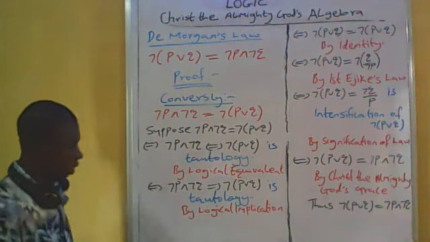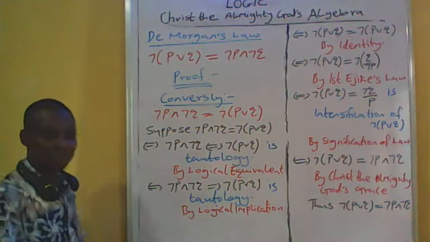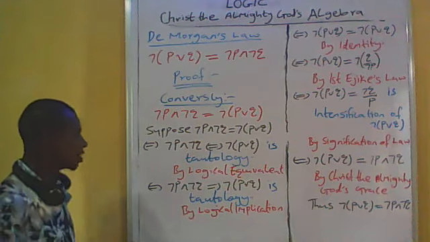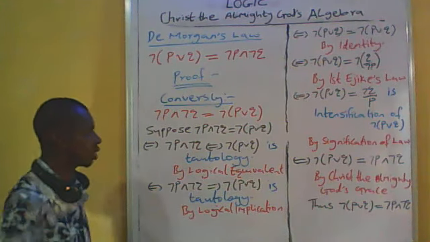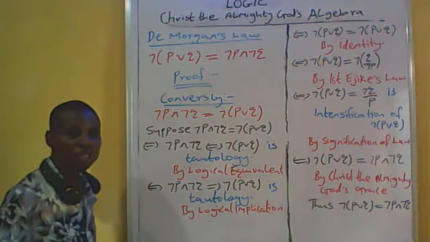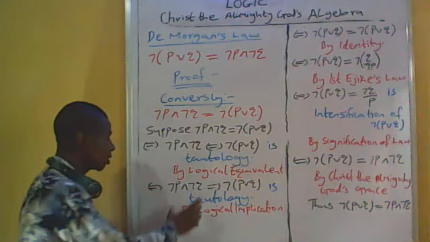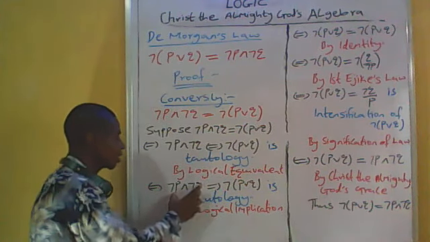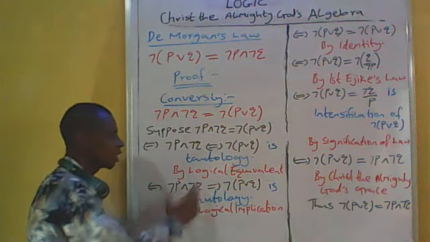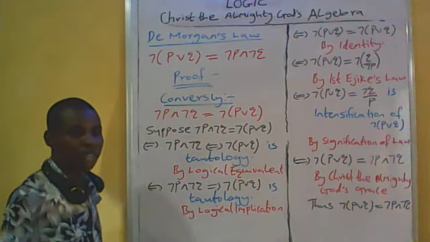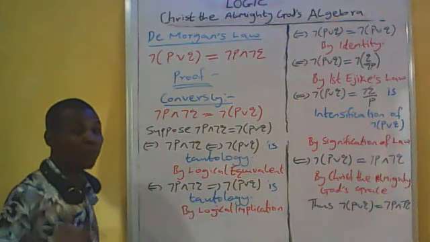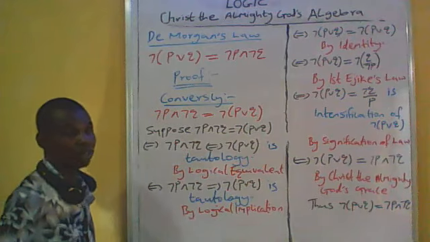Now, since the statement is a tautology, there's no possibility of getting falsity. We then deduce that it is certain that the antecedent exists. That means the antecedent is a proper implication of the consequence.